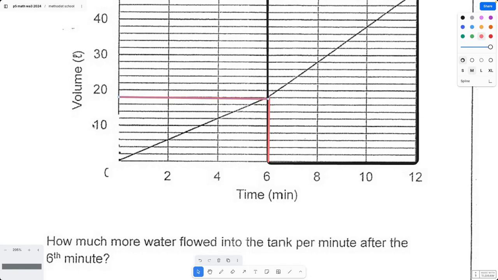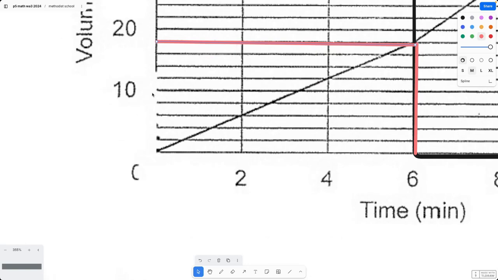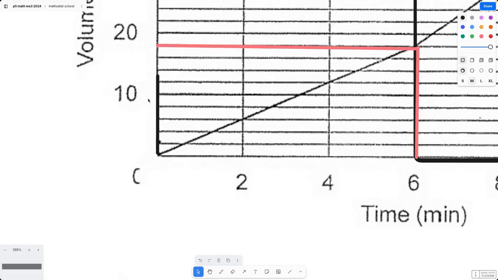We also want to know from 0 to 10 what it looks like, so I'm going to fix this line over here. We want to know how many gaps from 10, so I'm going to draw another line like this. I'm just going to zoom this in.